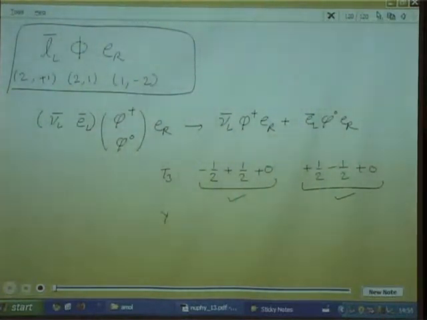So Y for mu L bar is just plus 1, Phi is plus 1, ER is minus 2, so that works. And again EL bar is plus 1, Phi is plus 1, ER is minus 2.